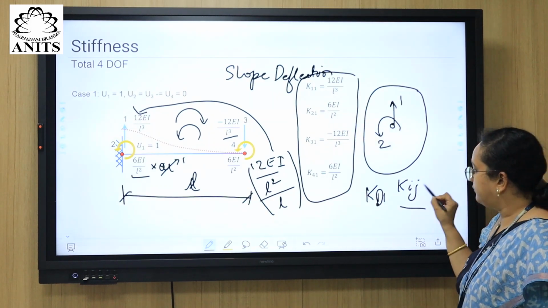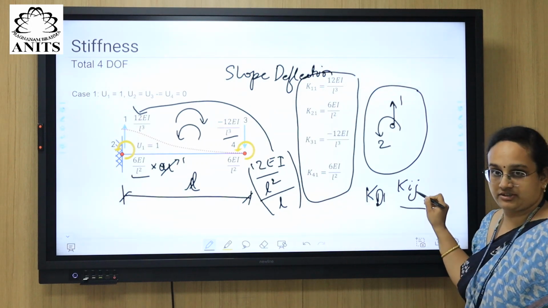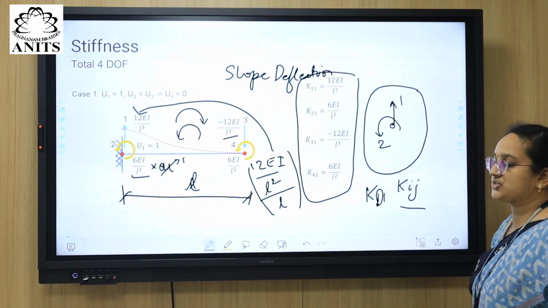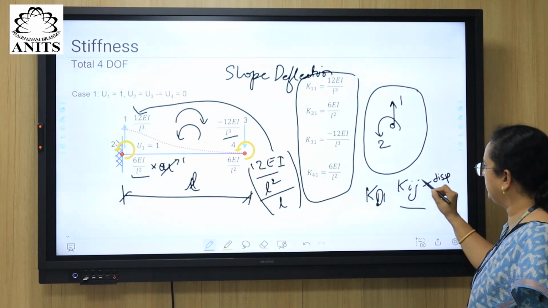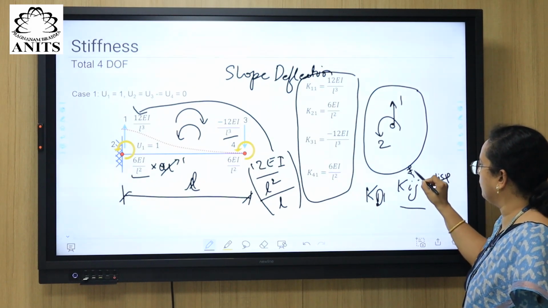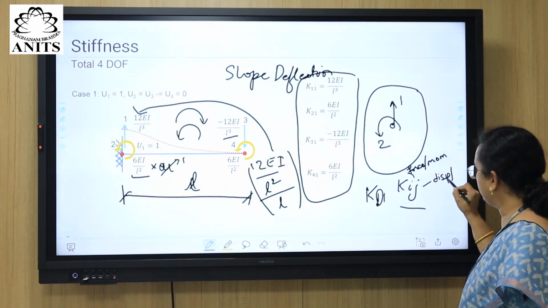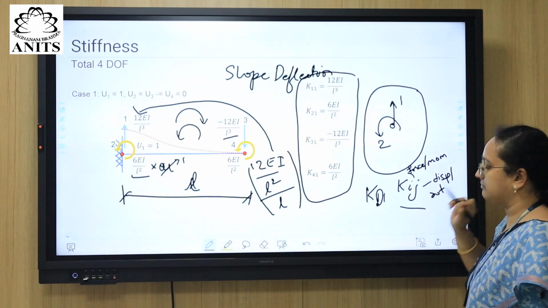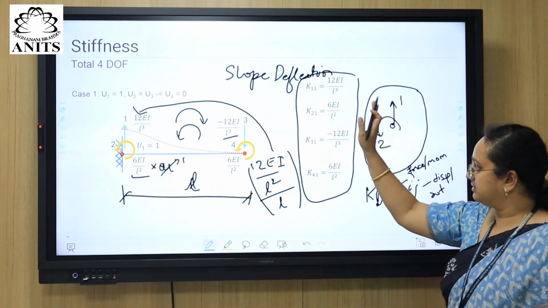It is the force estimated or calculated in the ith direction due to displacement in the jth direction. So j is discussing displacement and i is discussing force or moment. Similarly, displacement or rotation, both, right? So Kij is the notation for the stiffness.